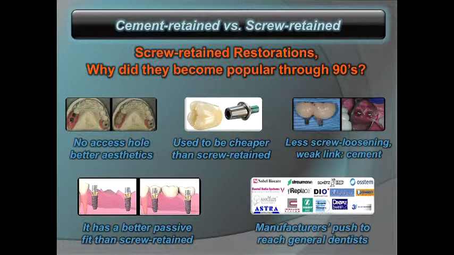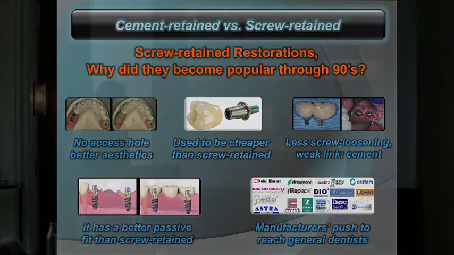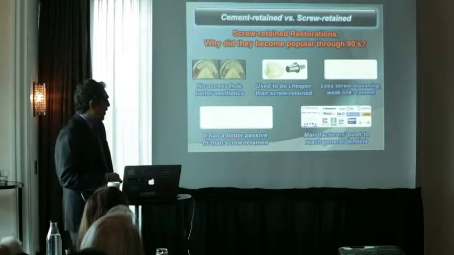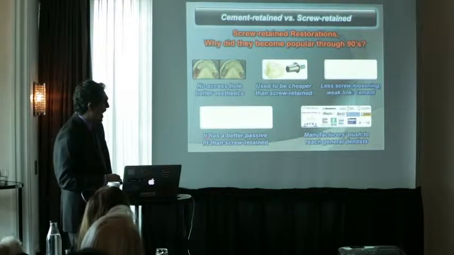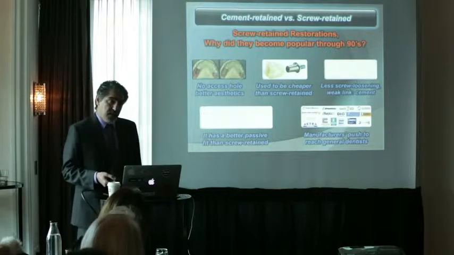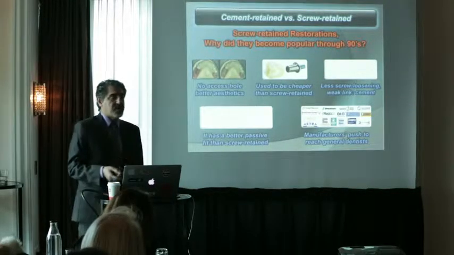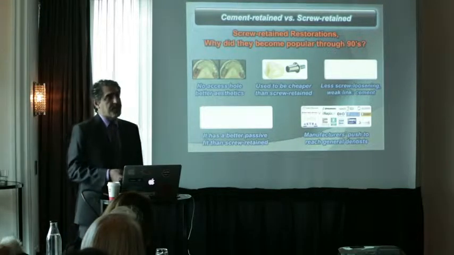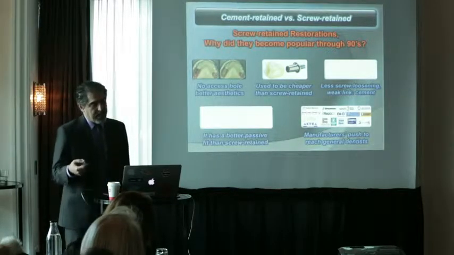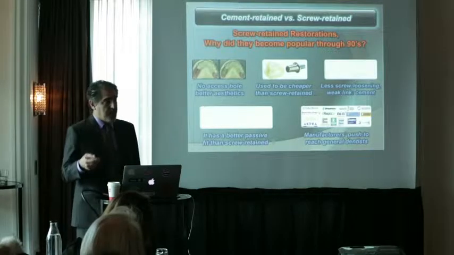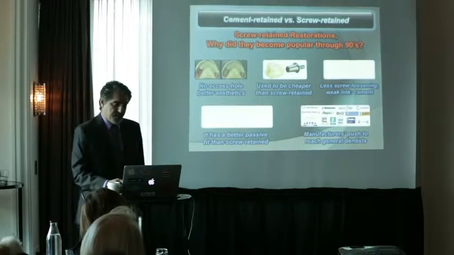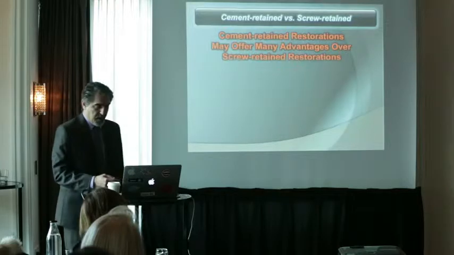Some reason the pictures are not coming up here, I don't know why, but screw loosening is less with the cement-retained, so you have less mechanical problems, and also it has better passivity when you're using the cement, so that's another advantage. And of course the manufacturers were pushing for cement-retained. For that reason, through the 90s, you had quite a bit of cement-retained trends going on.